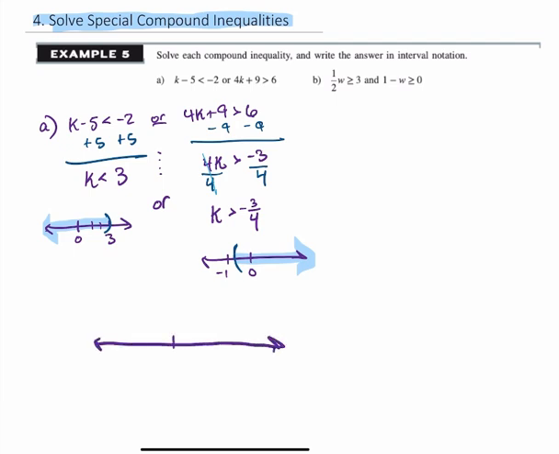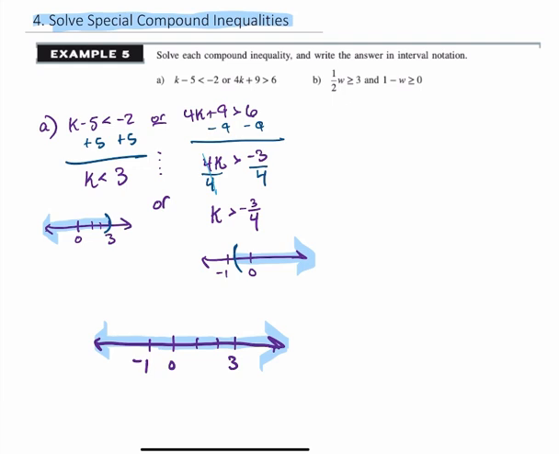So let's look at it this way. If this is positive 3, this is negative 1. For my left inequality, I'm saying everything less than 3. And then on my right inequality, I'm saying everything greater than negative 3/4. So starting here and going off to the right, it covers the whole number line.